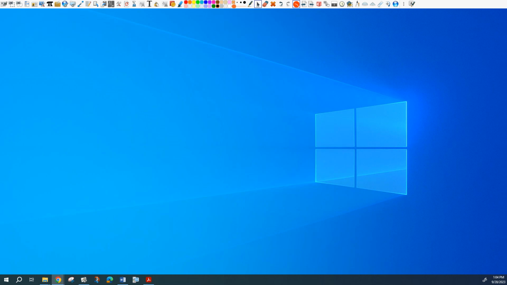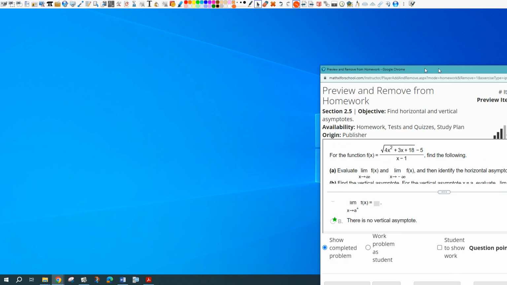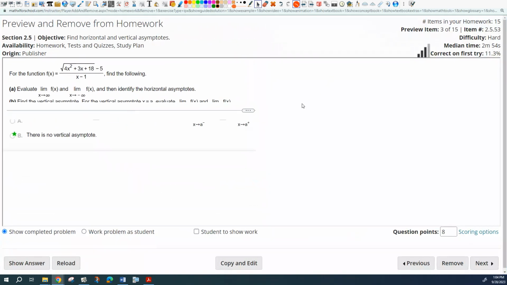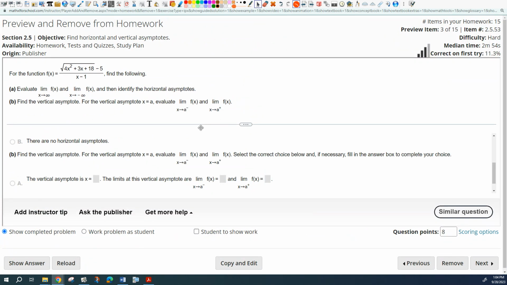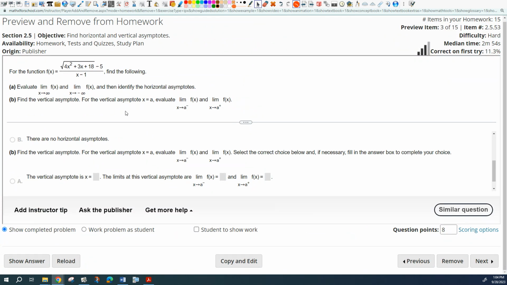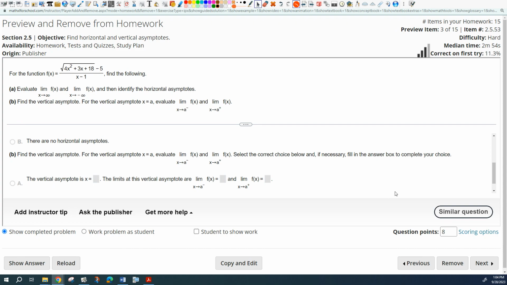End behavior. Okay, which one are we looking at? Number 3. Okay. Okay, good. I'm just going to take a picture of this one so I can just write. I think that'd be easier. Is there anything else on that? Yeah. Okay.